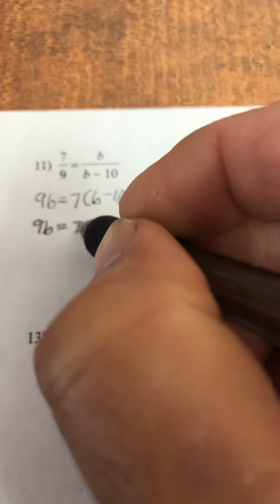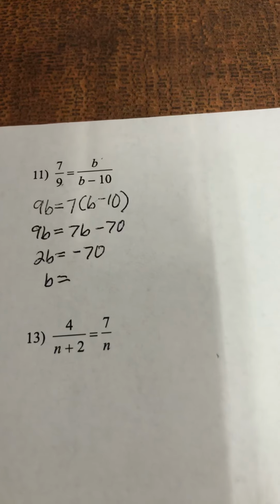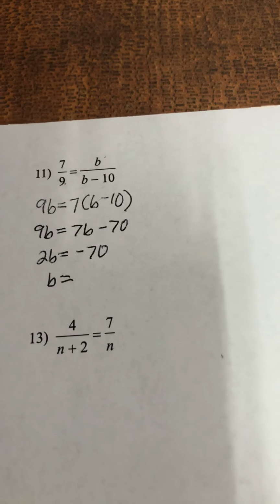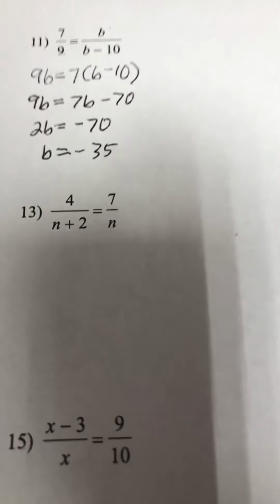All right, I'm going to subtract 7b from both sides, so I get 2b equals negative 70. Okay, b equals, when I divide negative 70 by 2, I get negative 35. Finally, one that just comes out clean without a decimal.